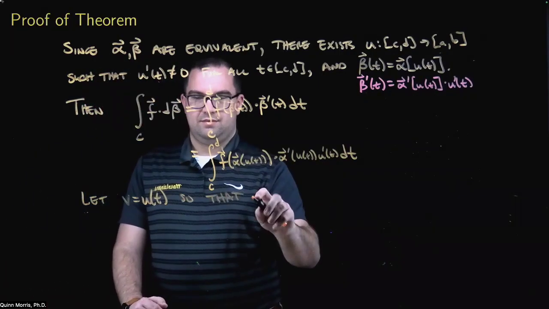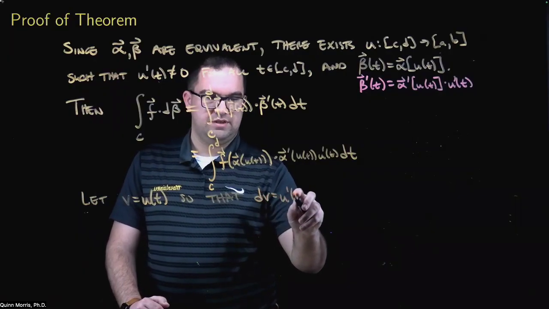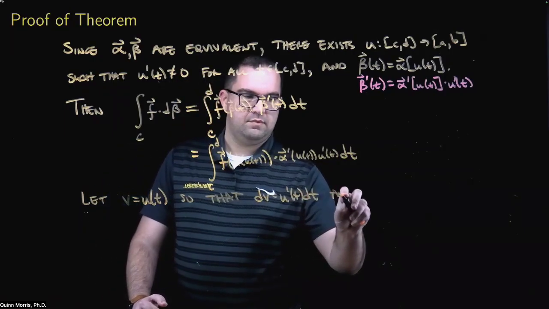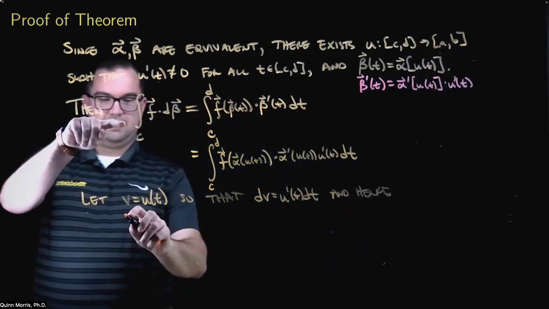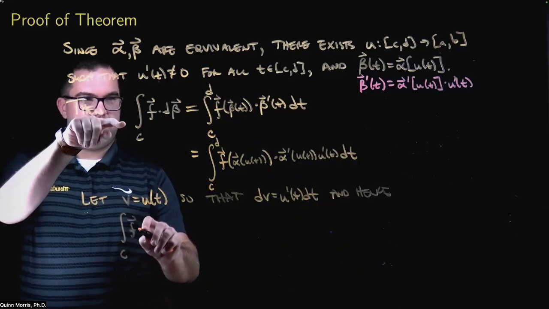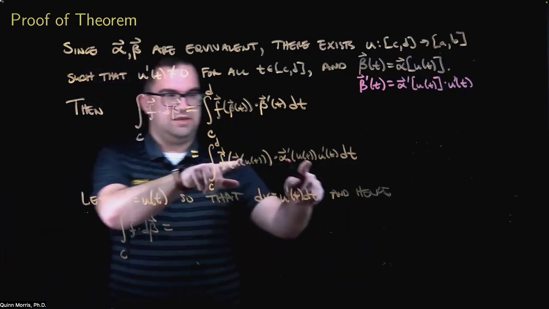And if I do that, then dV will just be U prime of t dt. And hence, we've still got this integral over the curve C of f dot d beta. All right, that was equal to this.